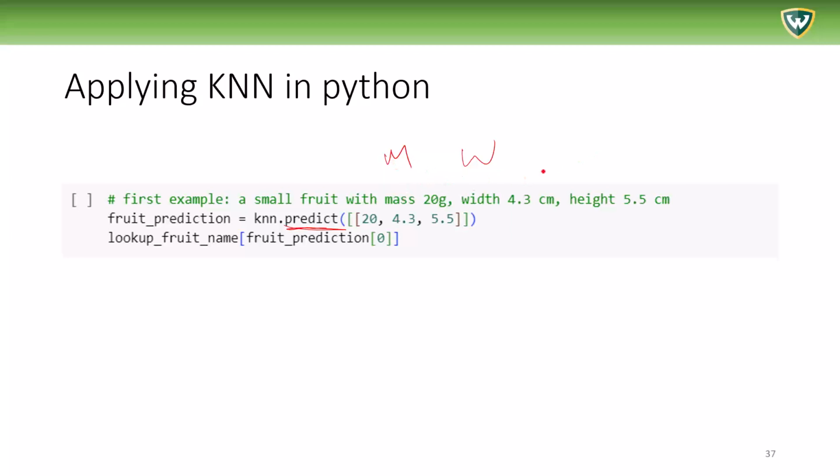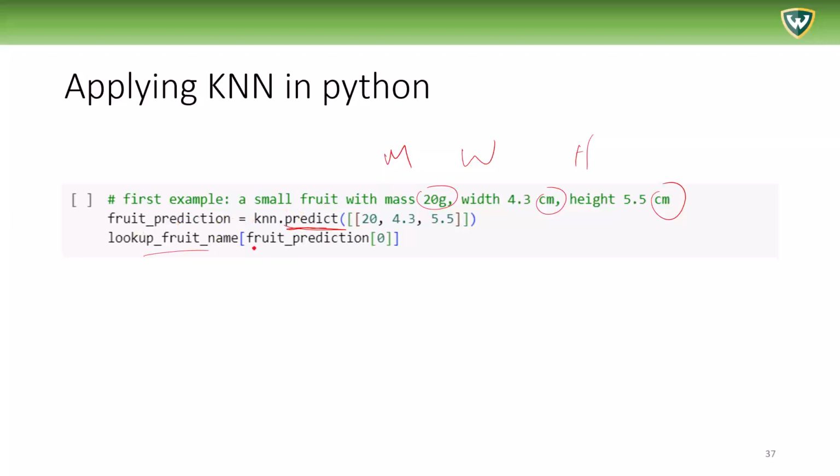Our order was mass, width, and height. We had three columns, three features. So you can put in any value for a new object. Maybe you get a new object with mass 20, width 4.3, and height 5.5, in these scales that we're using here. And then it will give you a fruit prediction for that.